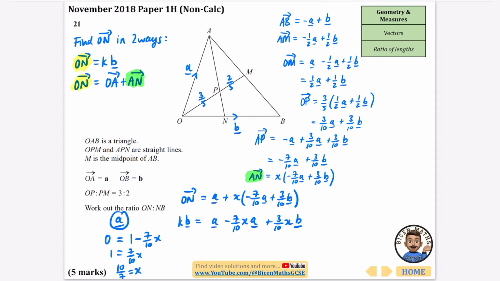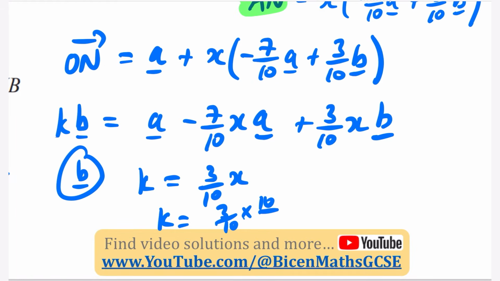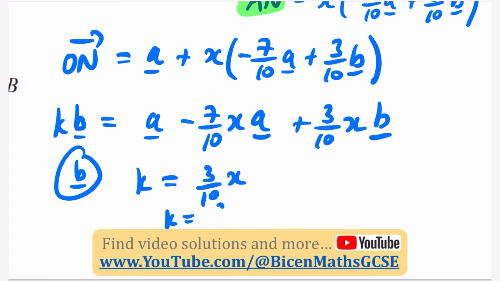If I'm now going to compare the B vectors that I've got, on the left-hand side there is k, and on the right-hand side there is 3/10 x. So k is equal to 3/10 multiplied by x, which we have just worked out as 10 over 7.